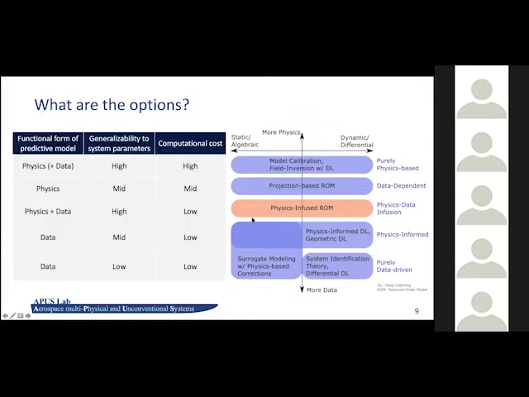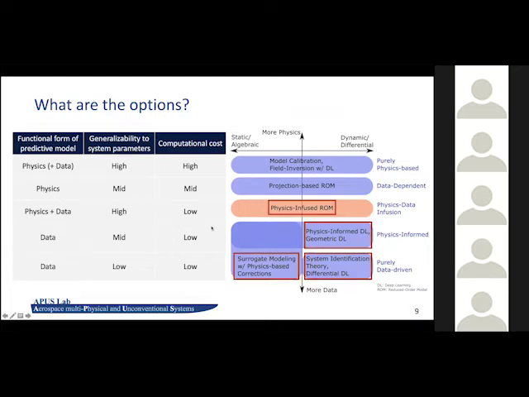So here's just a summary of the several types of ROMs that we thought about. Here we mainly want to think about two things. One is whether they are generalizable to different system parameters. And the second, how computationally costly is it?